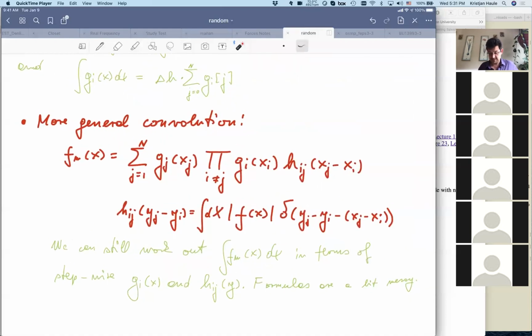Again, the example is that we can cook up a function that is the product function. So this part is just the product like before, and then in addition it has some extra functions h_ij, which are like correlations between two dimensions.